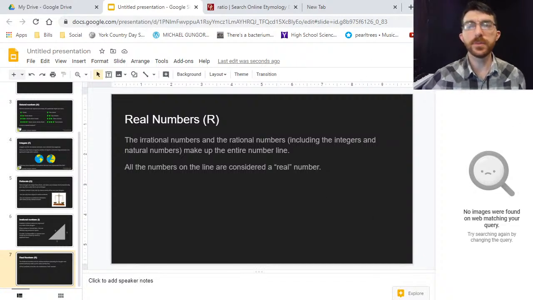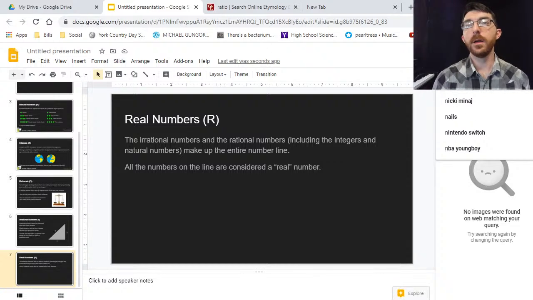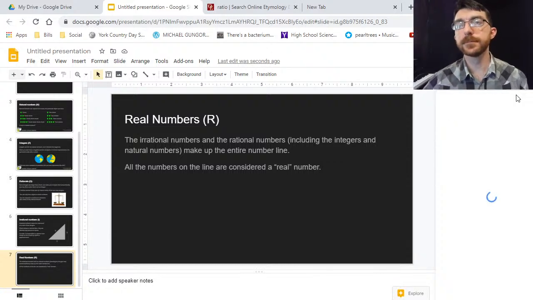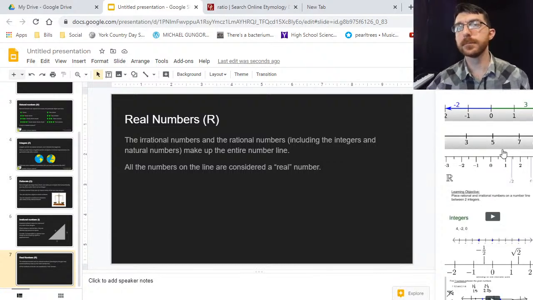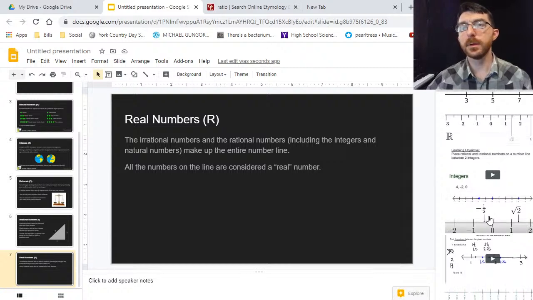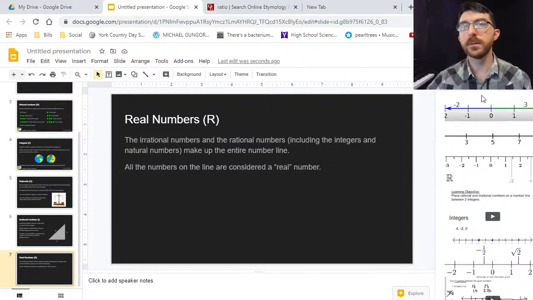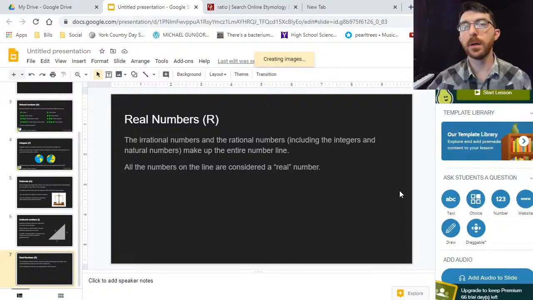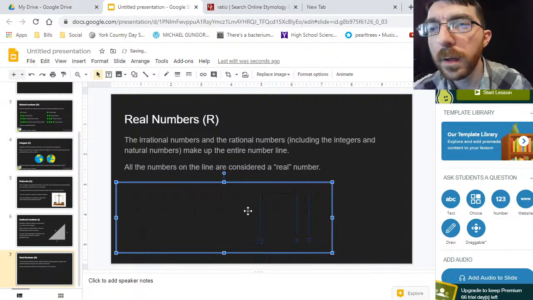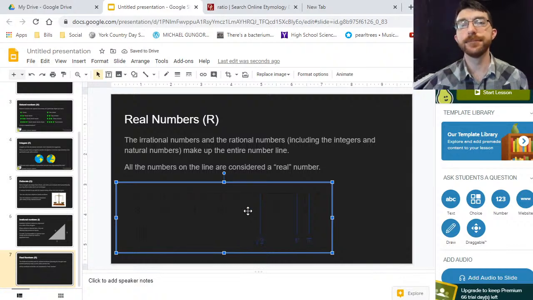I think I'm going to search for a picture of a number line. I want to make sure that it's... Oh, perfect. Yikes.